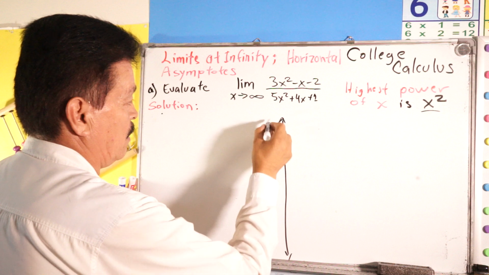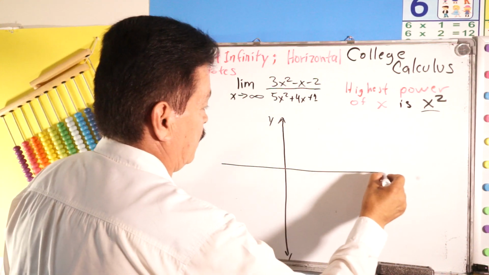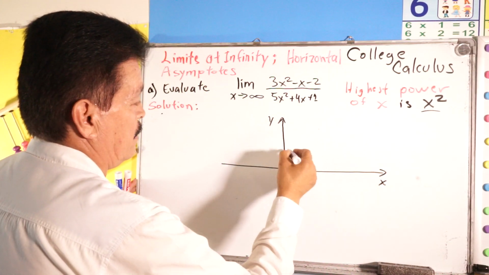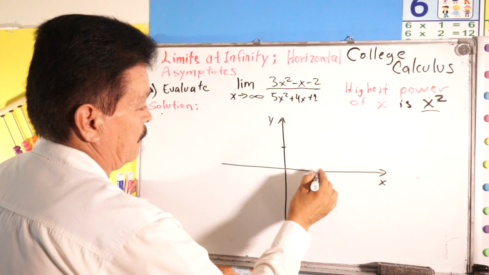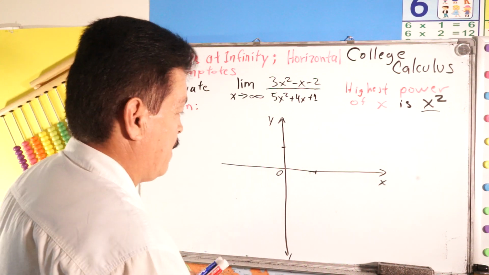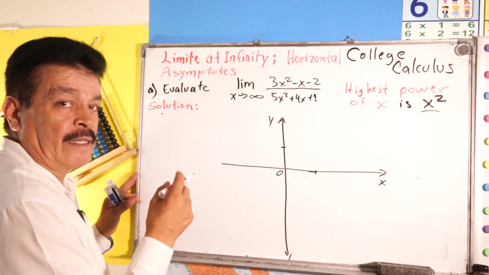This is y, this is x, and then 1, 0, something like this.